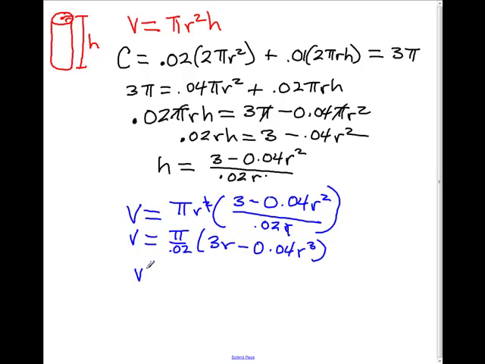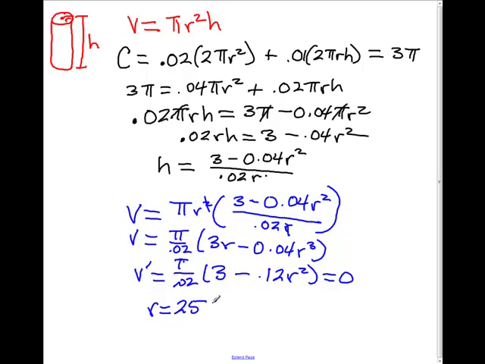Taking the derivative, I get pi over 0.02 times 3 minus 0.12 r squared.